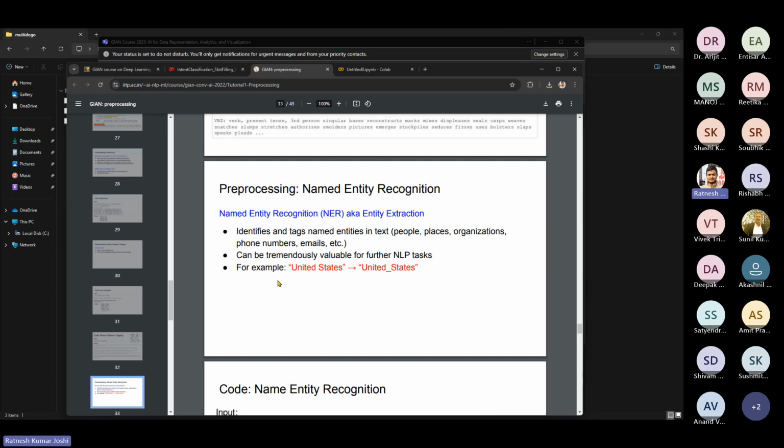So these need to be processed, extracted, and grouped together to make meaningful information, right? So this is the idea of named entity recognition. Generally, these kinds of tokens correspond to a physical object or physical entity. That is why we are calling it a named entity. And the process of extracting is called named entity recognition.